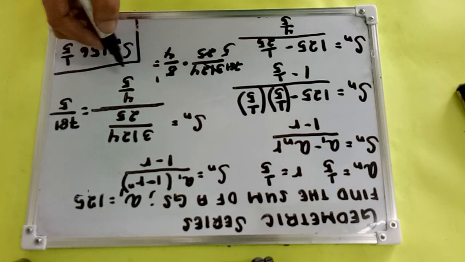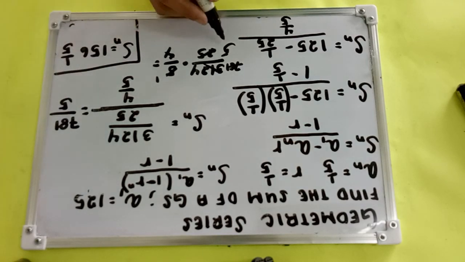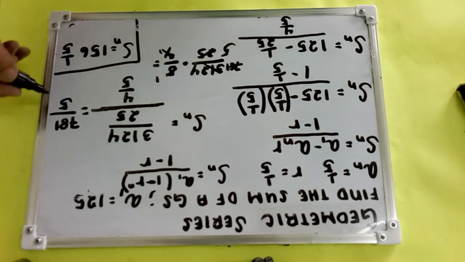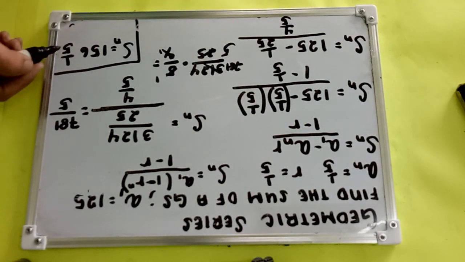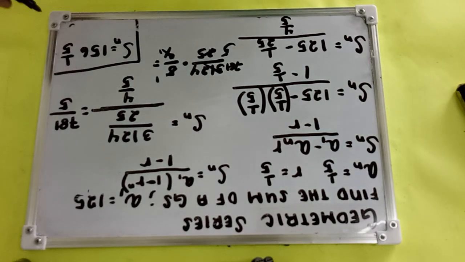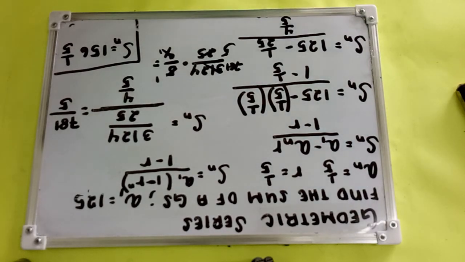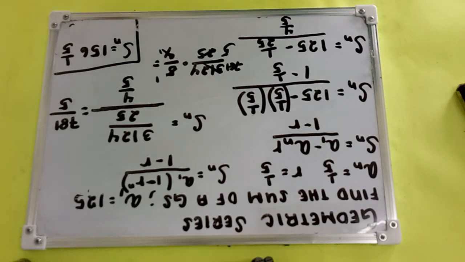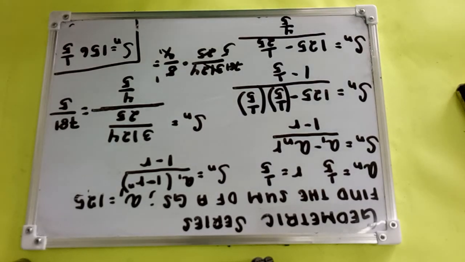So 781 multiplied by 1, 781. 5 multiplied by 1 na lang to, dahil na-cancel na siya dito. So that is 5. And then, ayun, transform to mixed fraction, makukuha nyo yung 156 and 1/5. So that is how to solve geometric sequence. So we just have to identify what formula to use based on our given.